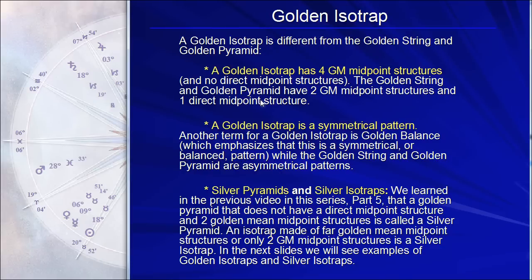So the golden string and golden pyramid are very similar to each other in that they both have 2 golden mean midpoint structures and 1 direct midpoint structure. The Golden Isotrap is different in that it has more golden mean midpoint structures, 4 of them, but no direct midpoint structures. Well, that might affect the way that these patterns influence us, what the astrological significance of them is.